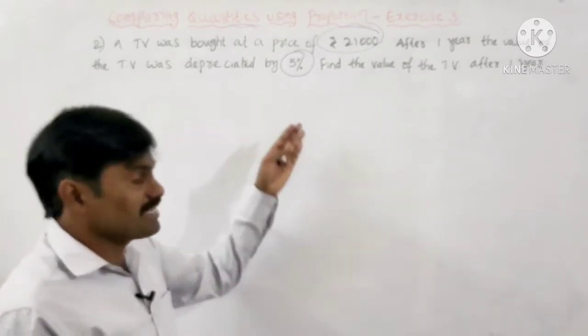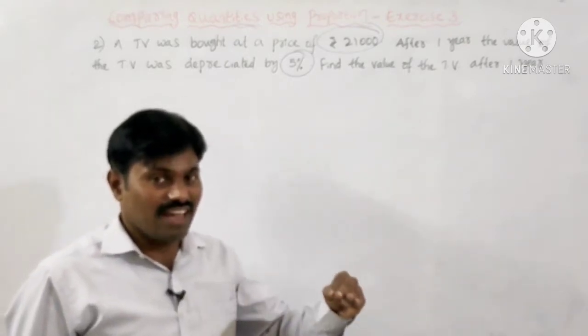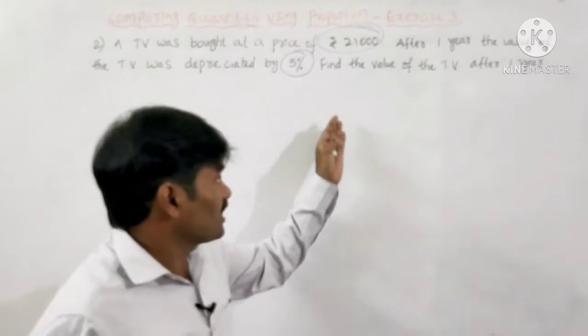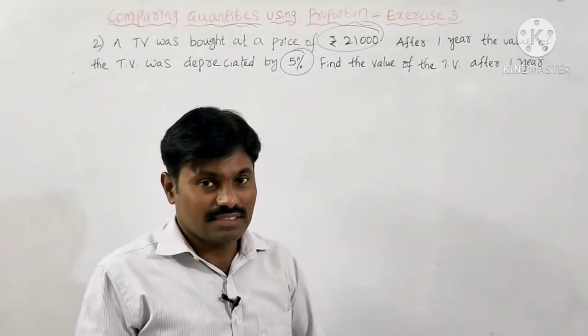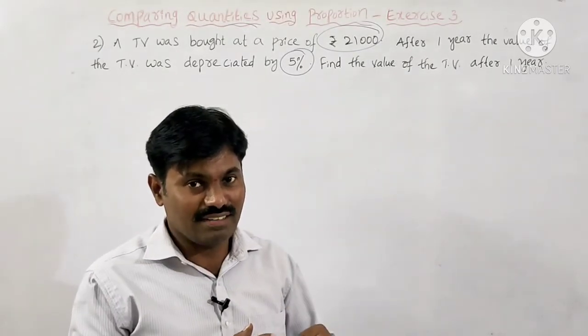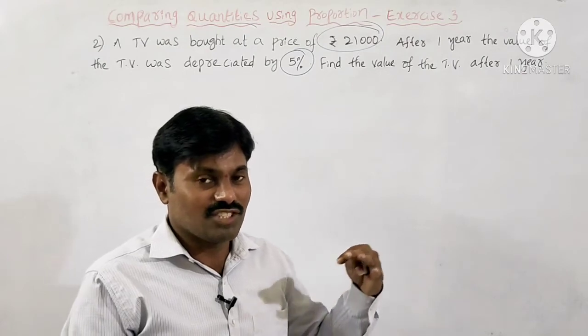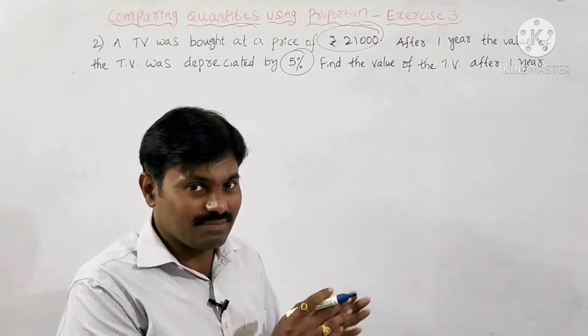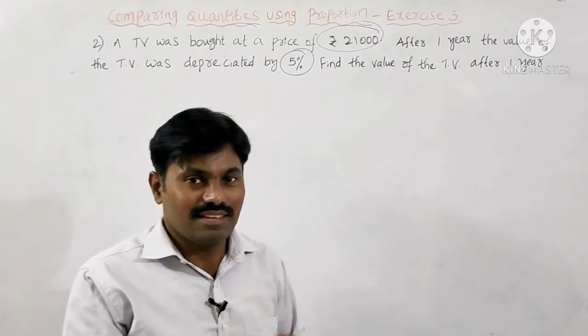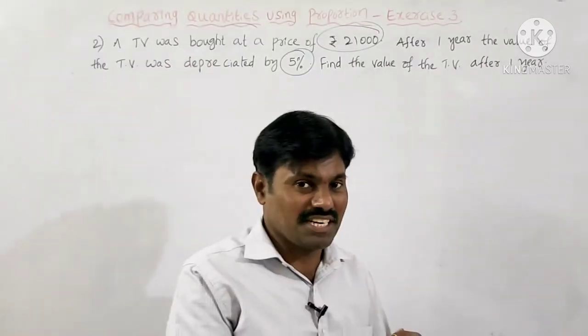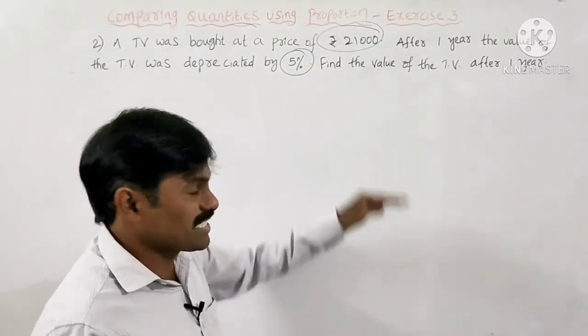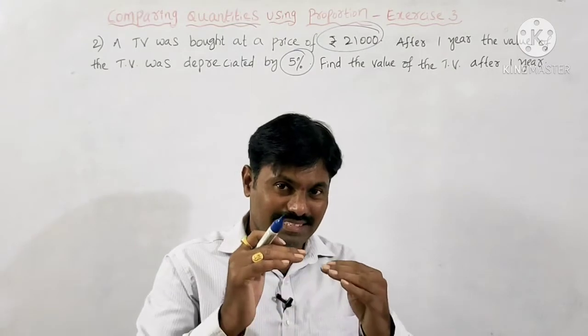Depreciation means a reduction of the value, because we use this item for 1 year. Because of this use and age of the item, we have to deduct some amount, that is called depreciation. So depreciation means nothing but reduction. Reduction means subtracting.